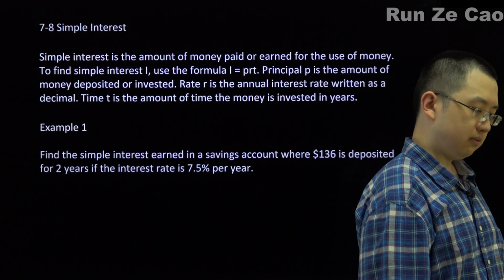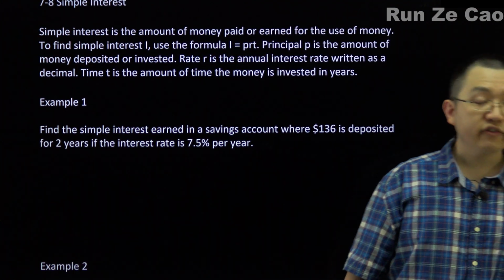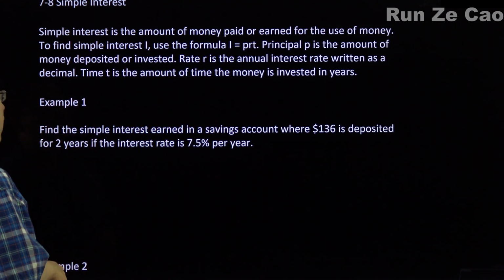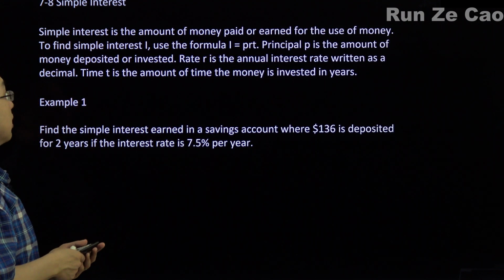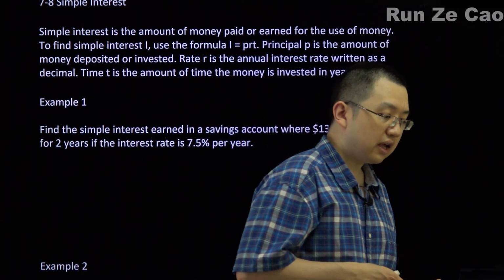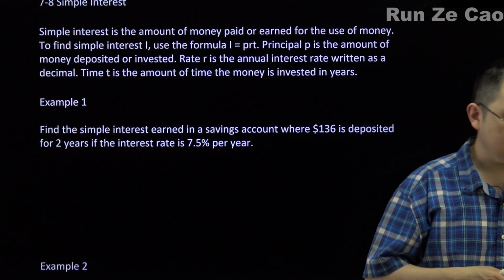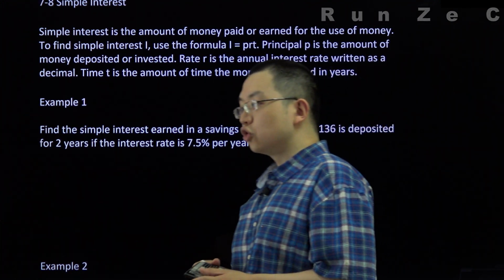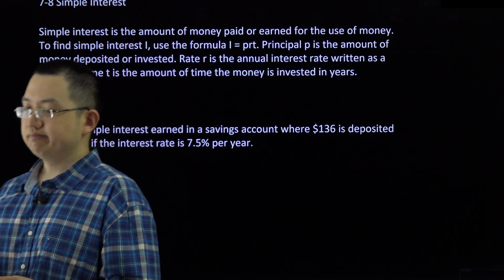Simple interest. It's the amount of money that you earn for the use of money. The principal is the amount of money that's being deposited or invested, and the rate R is the annual interest rate written as a decimal. It's usually the annual interest rate.